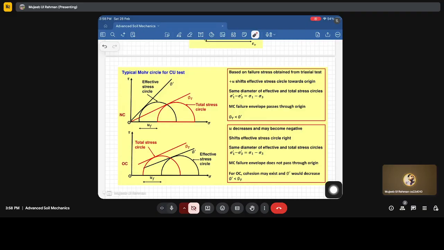In this case, for NC, phi dash is greater than phi t. However, in the case of OC, phi t is greater than phi dash, correct? Due to the generation of negative pore water pressure, the effective stress Mohr circle moves towards the right, correct? So this is written here also.